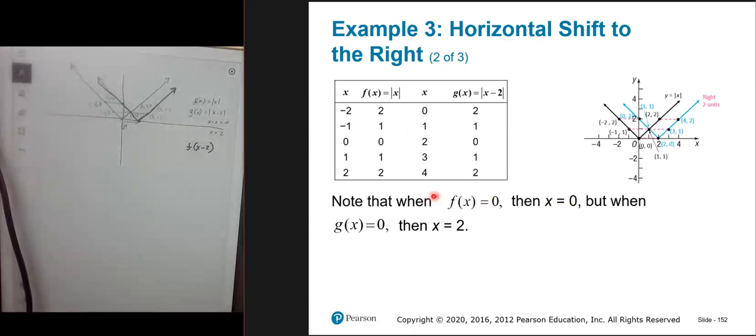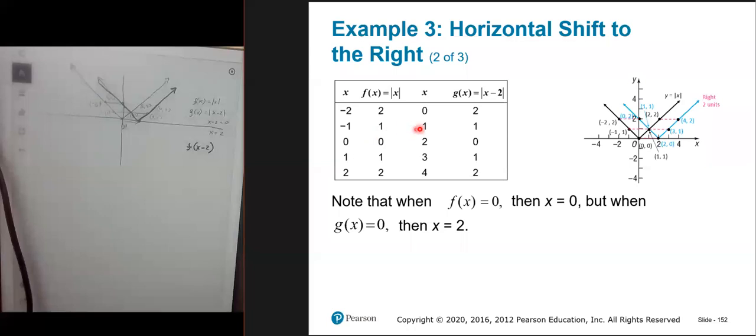So from my point of view, this graph can be a little confusing. I'm adding 2 to the x's, but I'm not changing the y's, because that's what happens when you're doing a shift. The x value changes and it drags the y value along with it. But the y value doesn't change, it just is dragged over to the new x value. So negative 2 became 0, and this 2 got dragged over.